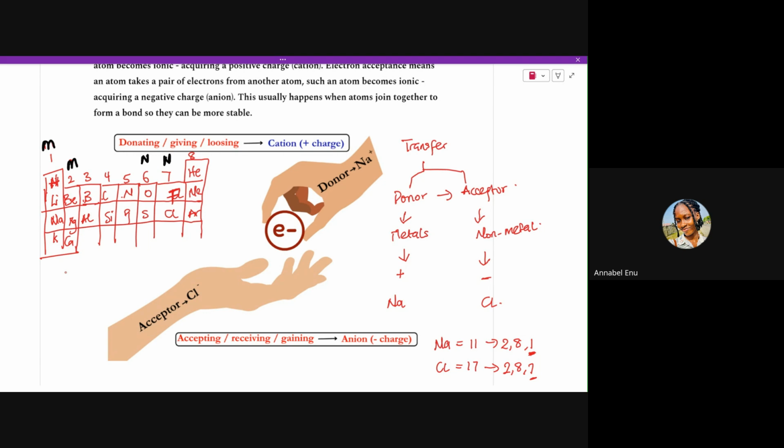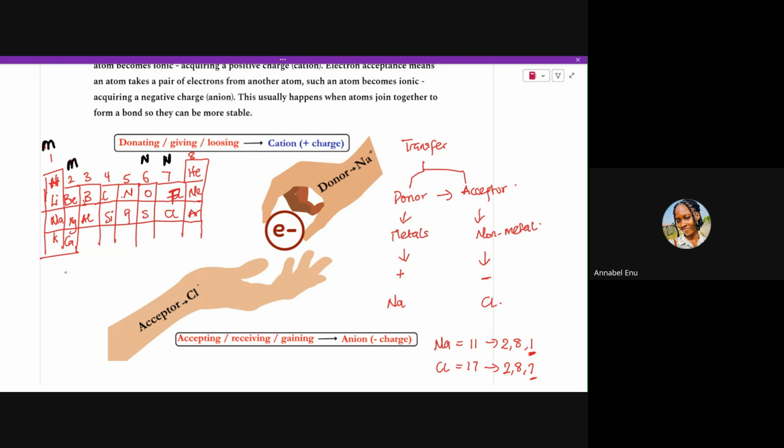But you see, sodium and every other element that are not in group 8, they lack something. Some of them are lacking electrons to be completely filled, while others are having too much electrons that they need to give away. Now, metals are those ones that have too much electrons, like sodium, beryllium, magnesium, calcium. Okay, and non-metals are the ones that have insufficient, and so they need more.